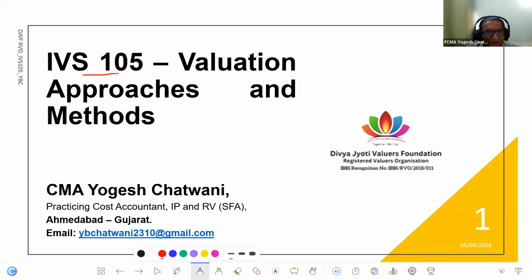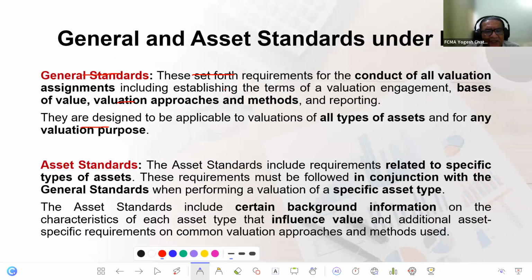IVS 105, that is on valuation approaches and method. So that is our today's topic of discussion. As we all are aware, the International Valuation Standard is divided into two parts. We have the general standard and we have the asset standard.